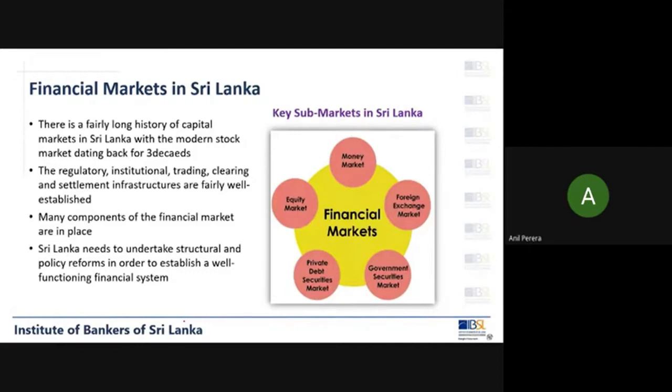Trading means that stock exchanges, trading boards, are actually established. Clearing and settlement means, I think I discussed under payment and settlement, the scriptless security settlement system, CDS, Central Depository, those are there to facilitate the clearing process.